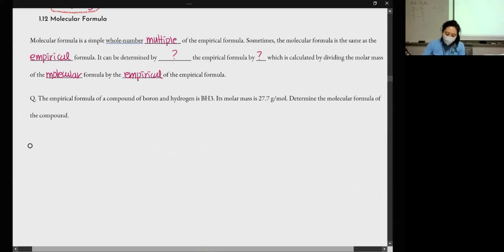The question for this is: the empirical formula of a compound of boron and hydrogen is BH3. Its molar mass is 27.7 grams per mole. Determine the molecular formula of the compound. Whenever you see this type of problem, you will first calculate the molar mass of BH3.